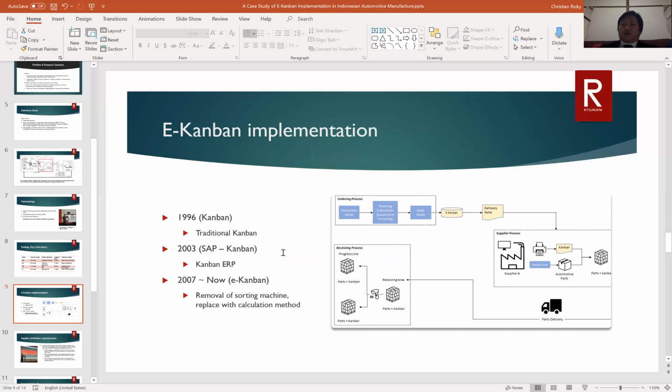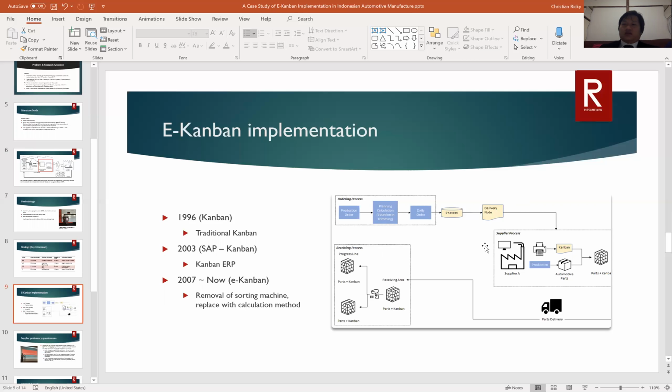The difference between the SAP Kanban and the E-Kanban itself is in the way of the sorting machine in company A, because the implementation of E-Kanban itself is difficult, and it also costs a lot.